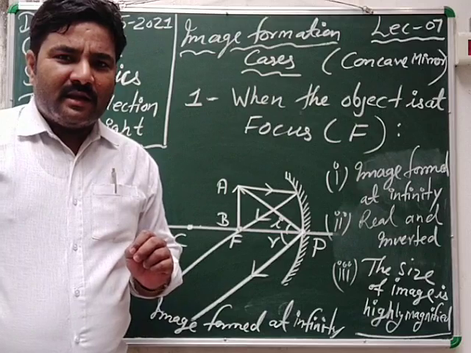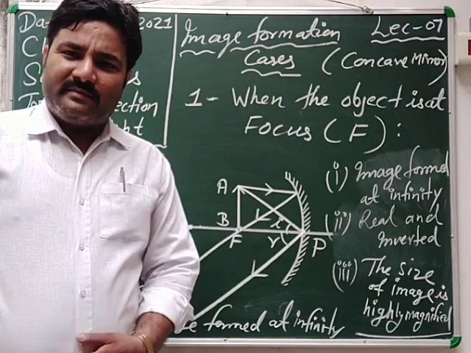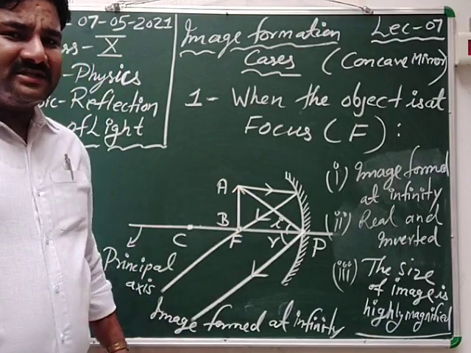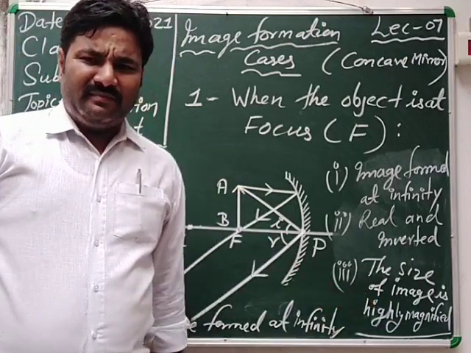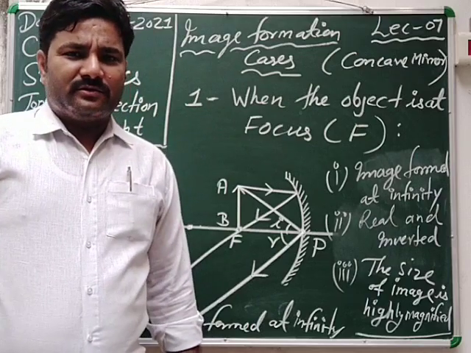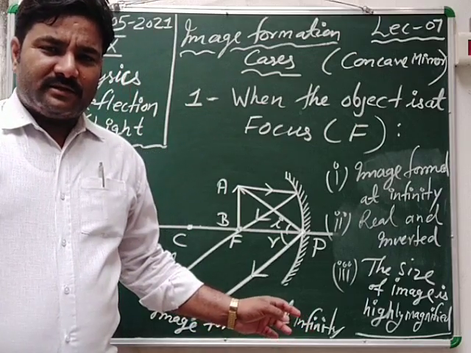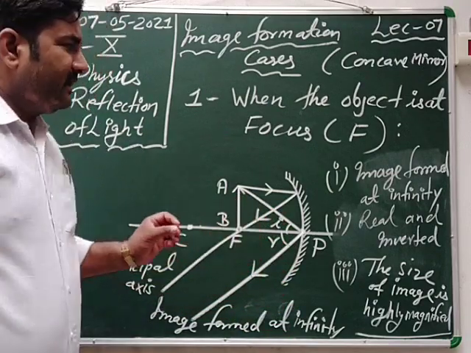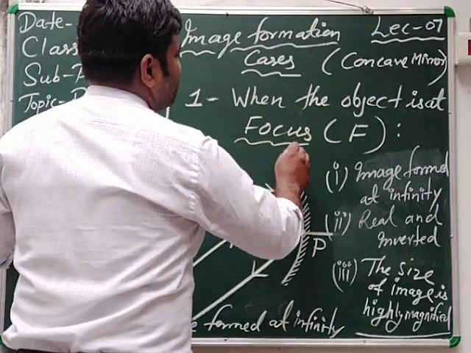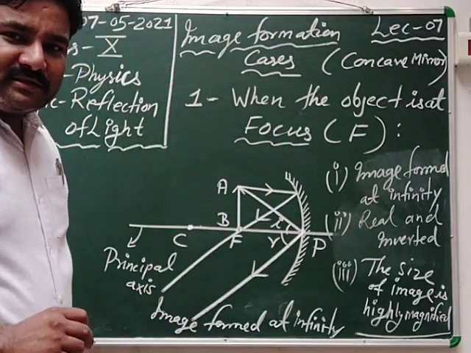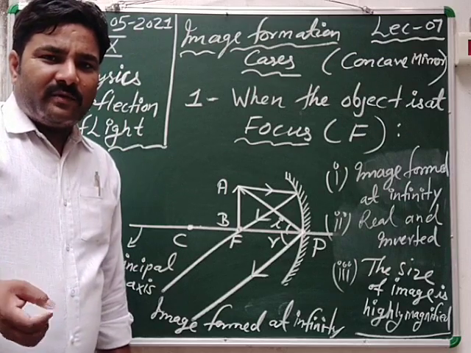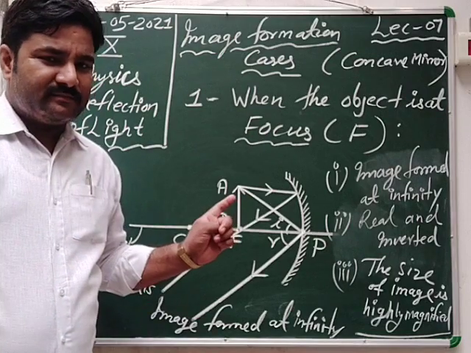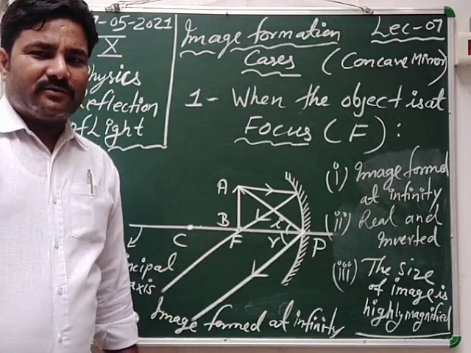And third, what is the size of the image in comparison to the object. The object here is of small size, but the image is much larger. That's why it is written highly magnified. Clear? So this is the first case of image formation when the object lies at focus. And just opposite of this, second one, when the object is at infinity. Just reverse of this. So note down this one.